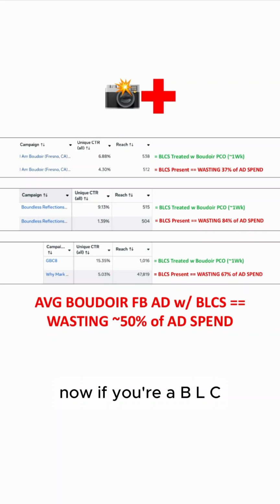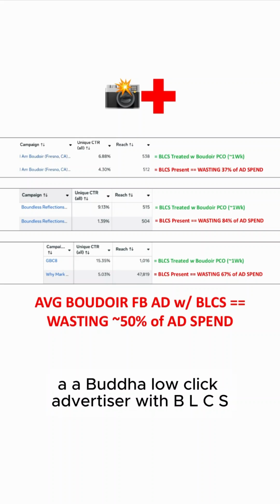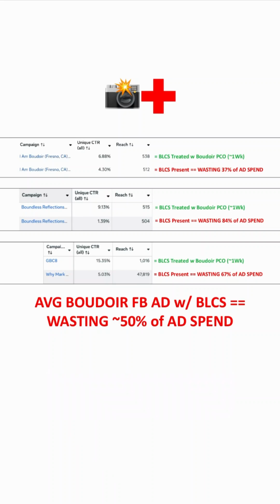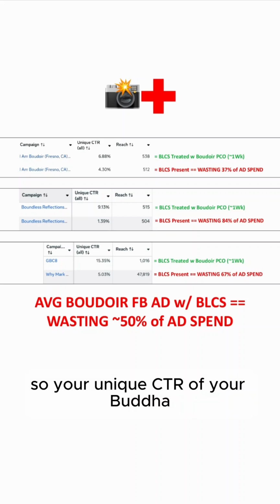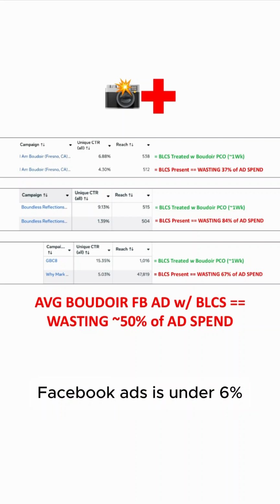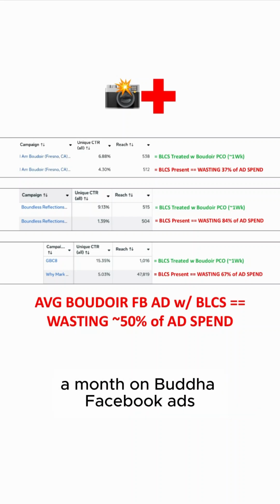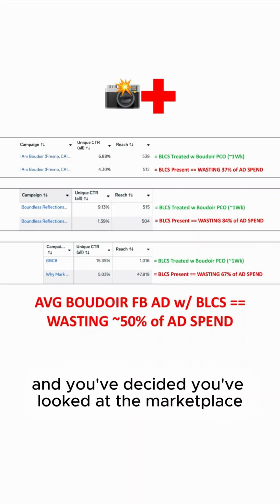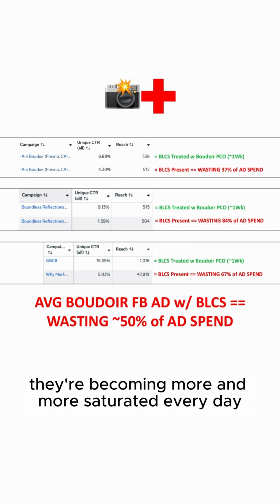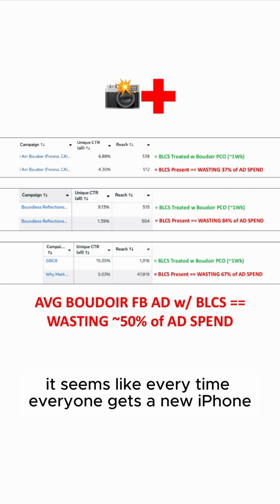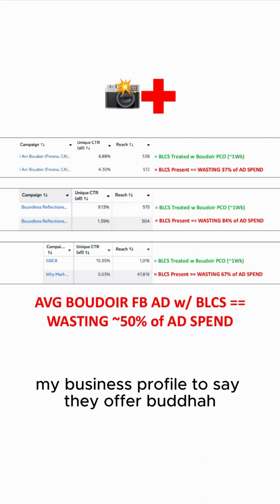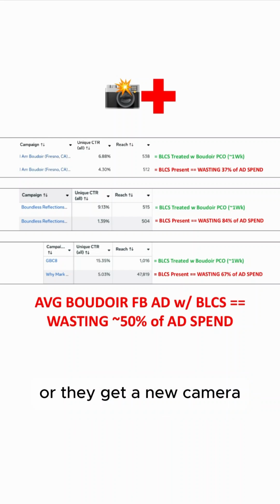Now, if you're a BLCA, a Boudoir low click advertiser with BLCS, so your unique CTR of your Boudoir Facebook ads is under 6%, and you're spending more than 10 grand a month on Boudoir Facebook ads, and you've looked at the marketplace, you're seeing it become more and more saturated every day. It seems like anytime everyone gets a new iPhone, they turn on Google My Business profile to say they offer Boudoir, or they get a new camera and they're posting in the mom group saying they offer Boudoir.